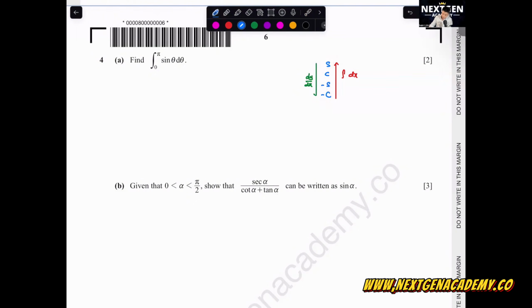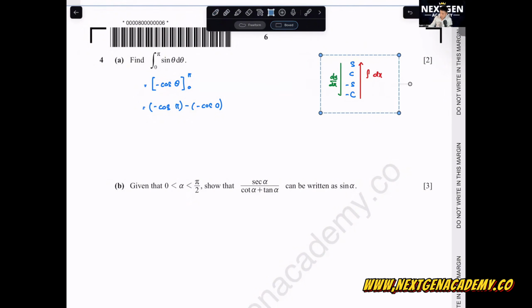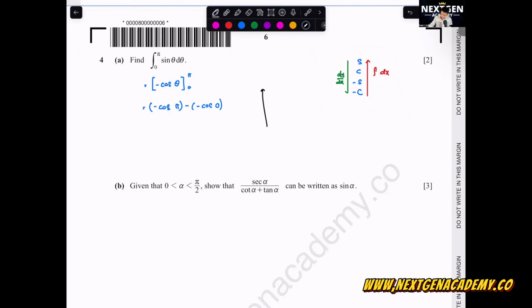When we do this, we get negative cos theta from 0 to pi. Can this be done without a calculator? Negative cos pi minus negative cos 0. When we have 0 and 180 degrees, we just use the graph to find the value.